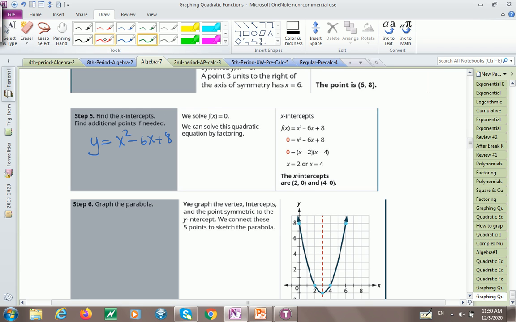Now, equalize y to 0, because over the x-intercept, y is always 0. That turns into a quadratic equation that we need to solve. That's why we practiced this yesterday. We learned how to solve those equations by factoring. And we're going to use it today.